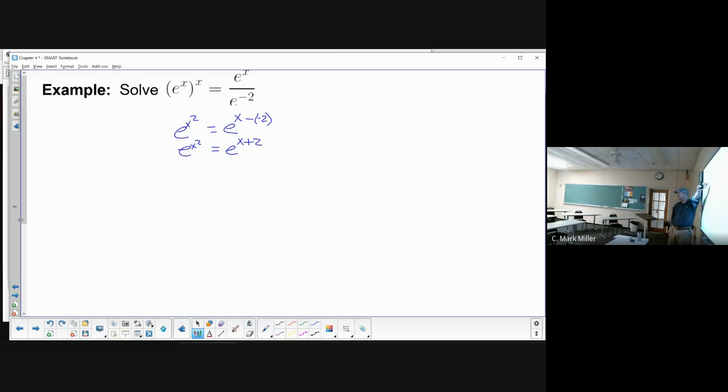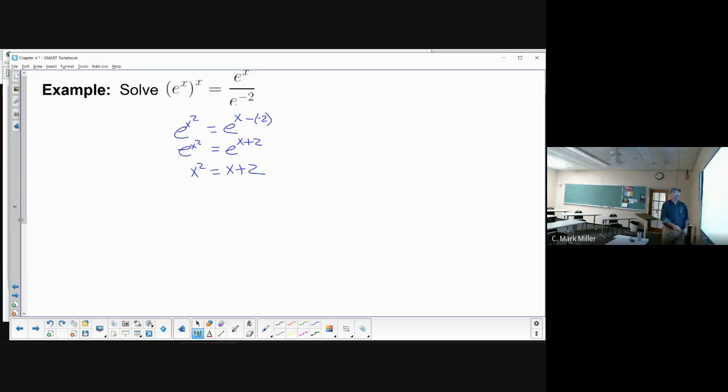Equal bases, equal exponents. x squared will then be x plus 2. So we got the x out of the exponent. Our problem here, part of the problem, was that we had our unknown for which we were solving in the exponent. We've got to get it out of the exponent.